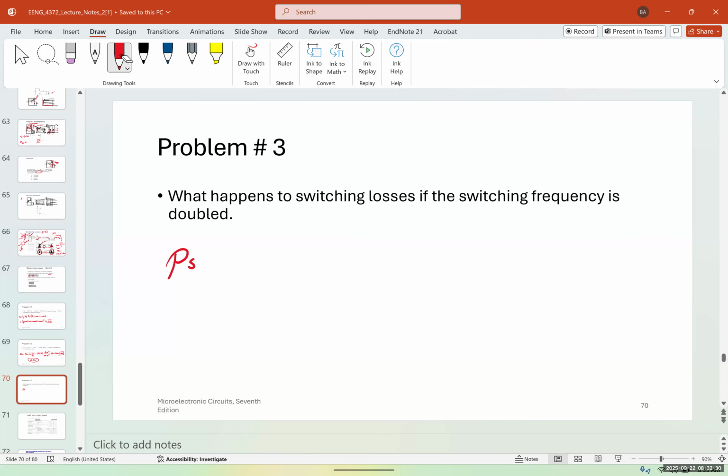So we have a linear relationship between power loss and frequency. Therefore, if the frequency doubles, the power loss also doubles. So doubling the switching frequency doubles the switching loss.